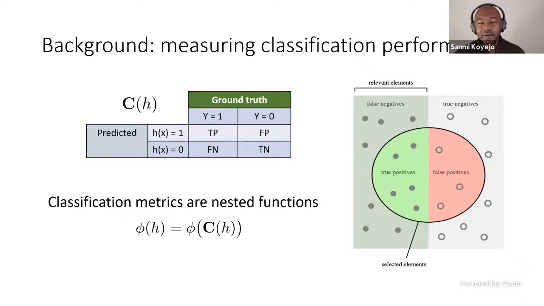So the idea is, if I want to understand or measure a classifier, what we most often do is take the classifier, compute its confusion matrix, and then compute some function of the confusion matrix. Of course, if this function is straightforward, we may compute the function directly without necessarily computing the confusion matrix first. So the claim is really that you can understand many of the ways that we evaluate models as this kind of nested evaluation of a confusion matrix and then some function of it.